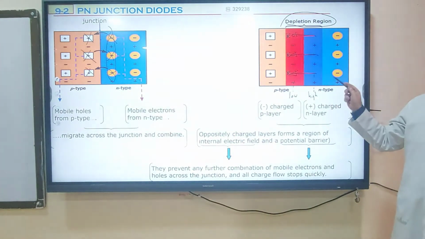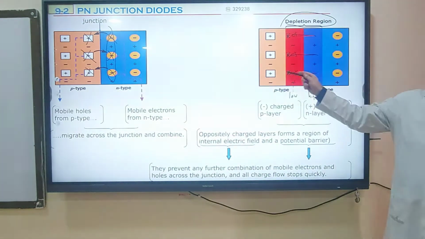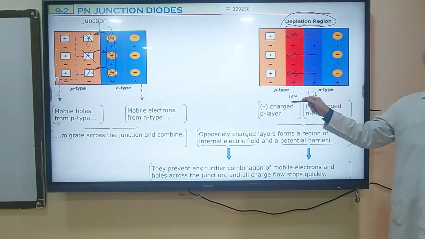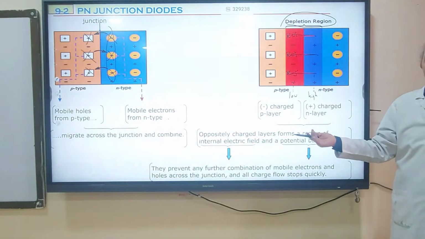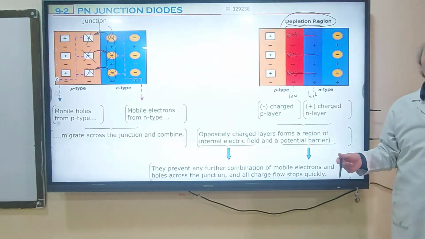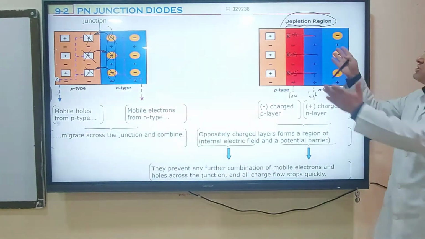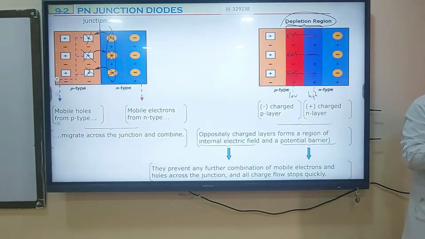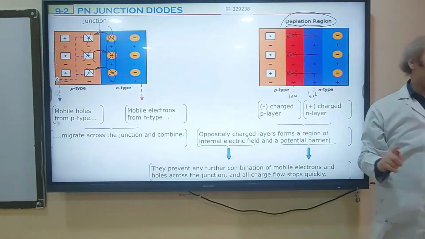If this electron wants to combine with this hole, it must move from high potential to low, but that's not its tendency. An electron never moves from high to low; it always moves from low to high. That's why this potential difference between these layers also stops further combination of electrons and holes.